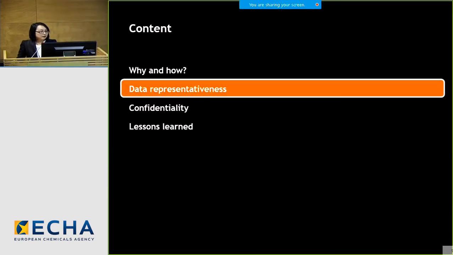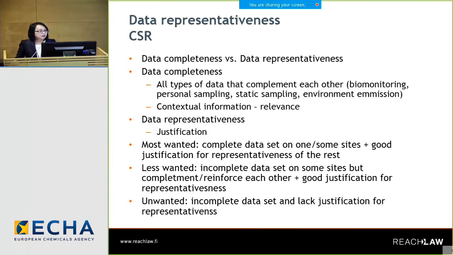I think then, when going to the details, one thing that is most crucial to me is data representativeness when you have a group of applicants. This issue mostly comes up in the CSR.